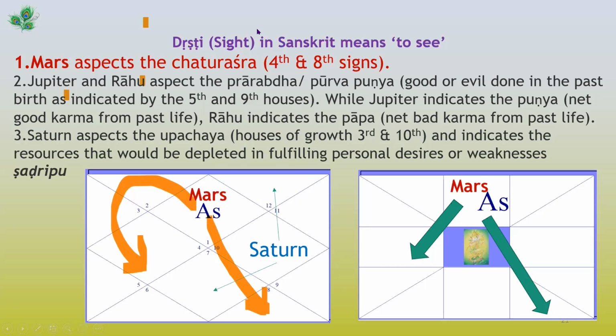One other question. Yes, go on. You mean whole sign aspects? In other words, always whole sign. Anywhere in the sign gets 100%, even if the planets are 29 degrees apart. Yes, that's correct, because right now we are just doing the whole signs.